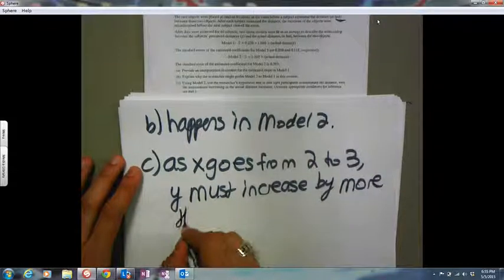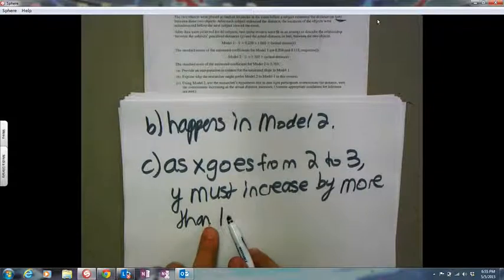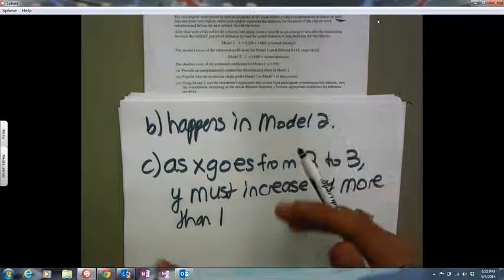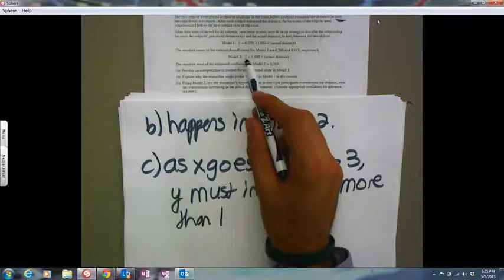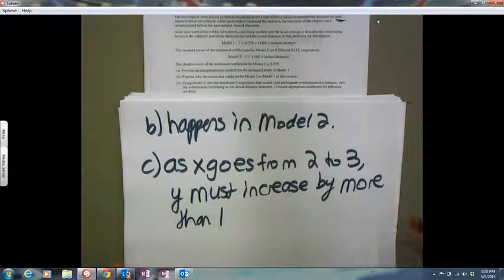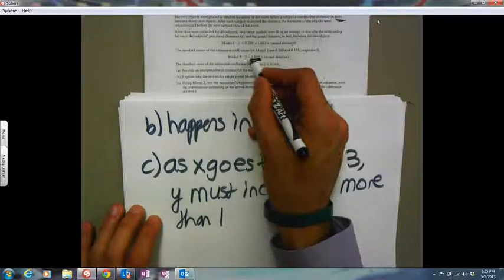If x goes up by 1 and y goes up by 1, then that doesn't say that we are increasing, right? In other words, if the actual distance is bigger, then y should get bigger, which means this slope has to be bigger than 1.